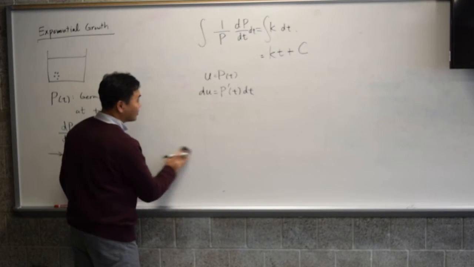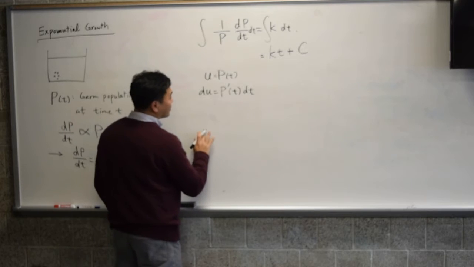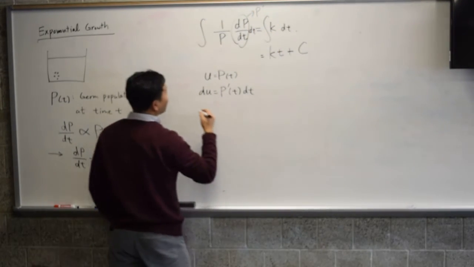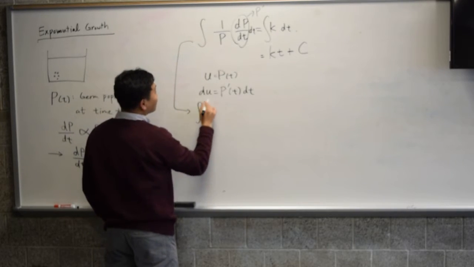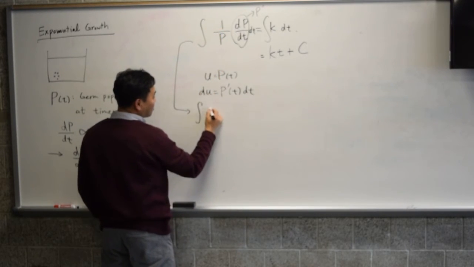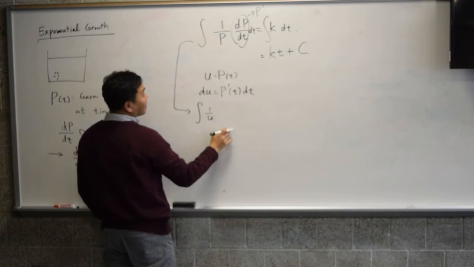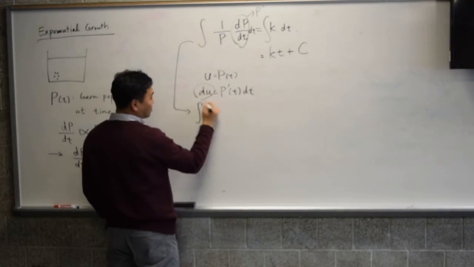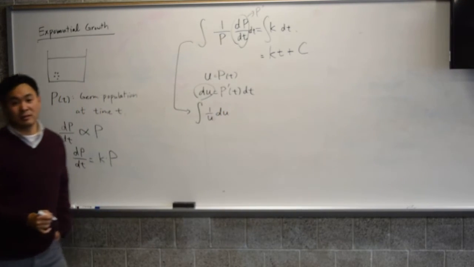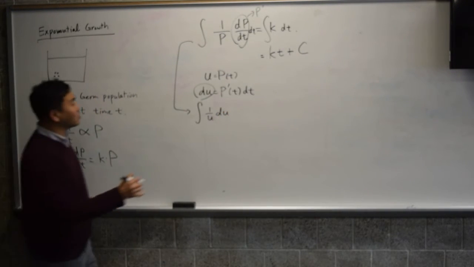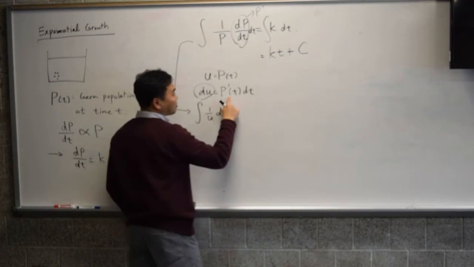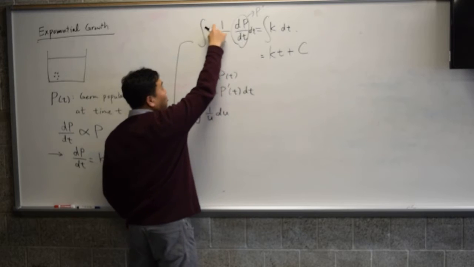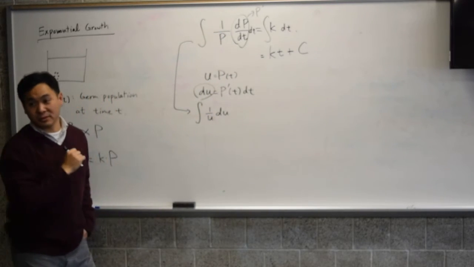All right. Because this is really p prime, here's what we have. This becomes 1 over p is 1 over u, and p prime dt is just du. Is that right? This is p prime times dt, so that can be replaced by du, and 1 over p is 1 over u.